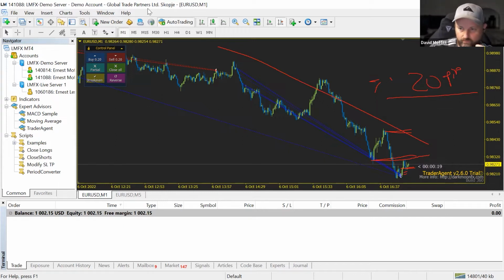However, if it fails to break above this, it comes up, tests this area right here, then it opens the door for it to come and run right back down. However, if I'm in the sells and I got into sells here, that's a bad place to be in the sells because again, if you're selling right here, if you sold right here, it's another bad place to be in the sells because it broke above here.